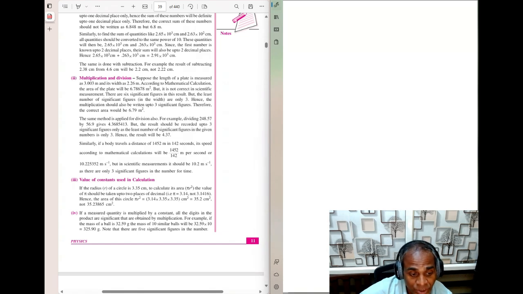The final answer should have three significant digits. In order for that to happen, I need to take the pi value accordingly. I don't need more precision here. So I take the pi value as 3.14 multiplied by r square, where r is 3.35 in this case. Final product, you round it off such that it should have only three significant digits, because that's what this is showing.